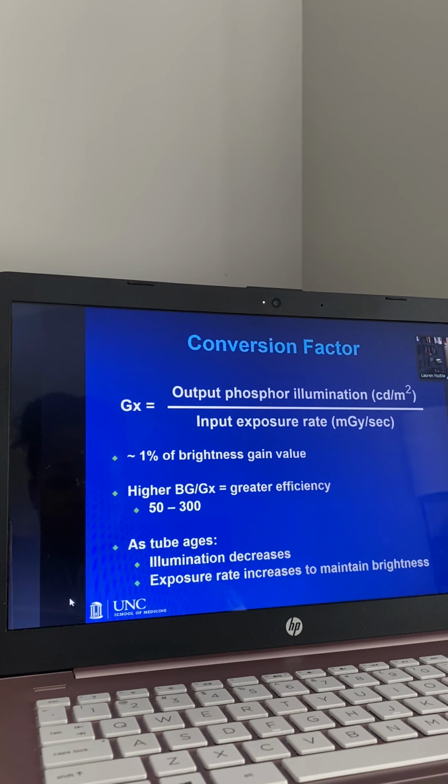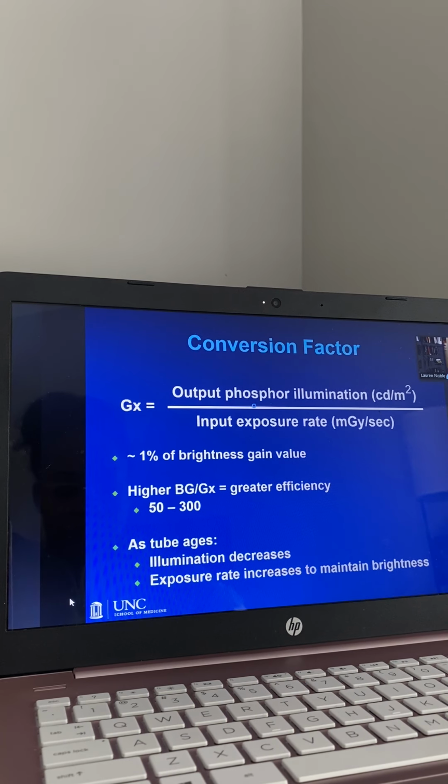They can measure what's coming out of the X-ray tube and what's going into the input phosphor. And if they divide the amount of light by the amount of X-rays, they come up with this thing called the GX factor, which is analogous to the brightness gain.